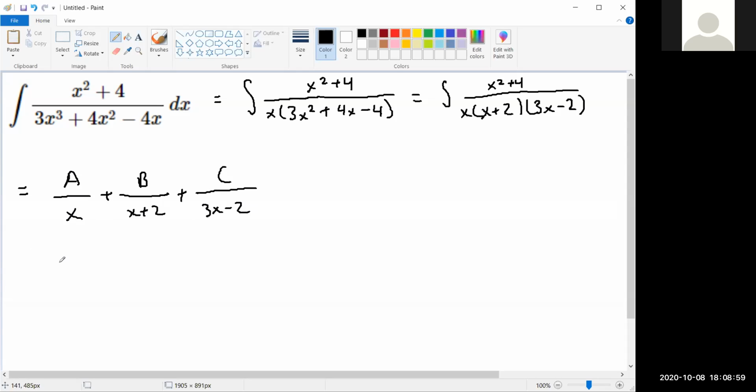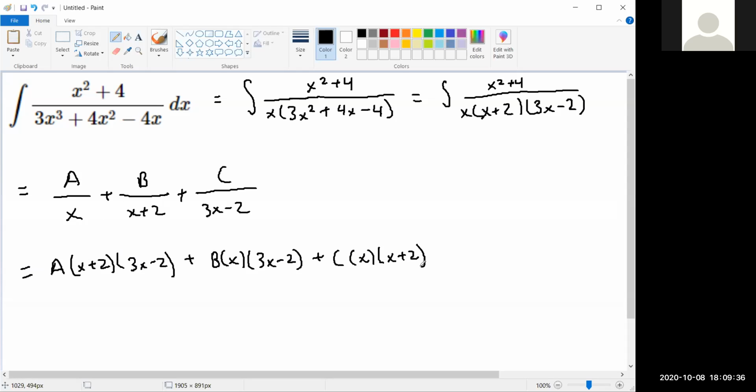So if we were to set up an equation to add all 3 fractions, this would be A times the other 2 factors, x plus 2, 3x minus 2, plus B times the other factors, plus C times the other factors, x plus 2.